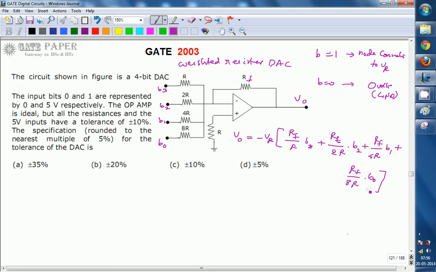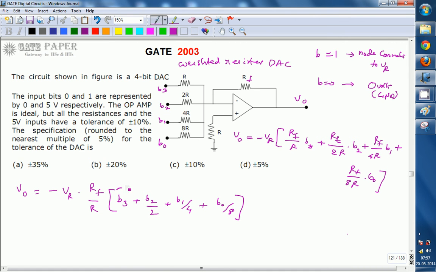And since RF is equal to R, you can take RF by R common. So V0 can be written in this way: V0 is equal to minus VR into RF by R, times B3 plus B2 by 2 plus B1 by 4 plus B0 by 8, where B3, B2, B1, B0 are either 0 or 1.